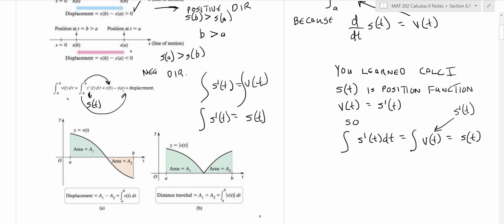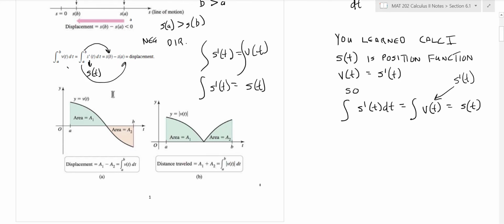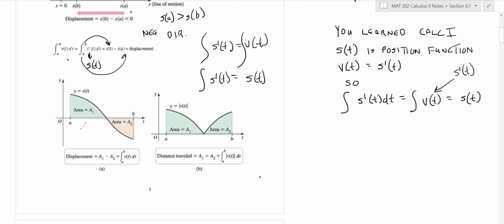All these things you learned about in Calc 1, so you want to try to attach this to what we're doing with the integration. Down here at the bottom, I want to go over this diagram just a little bit, and there are a couple of things that are probably worth writing down. If the velocity is a positive number, then basically you move in the positive direction.